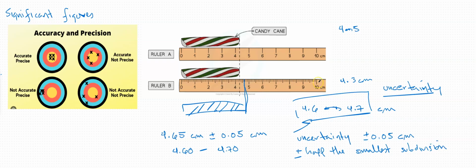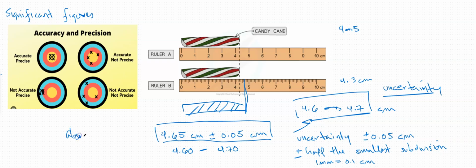In the case of this ruler, of course, that is 1 millimeter, which means 0.1 centimeter. So 0.1 centimeters over 2 is 0.05. And this is one way to express our measurement in what we call absolute uncertainty. Notice that if this is in centimeters, this is also in centimeters.